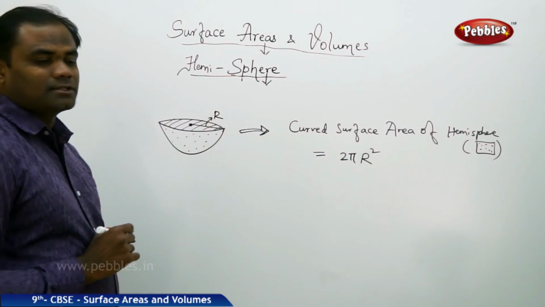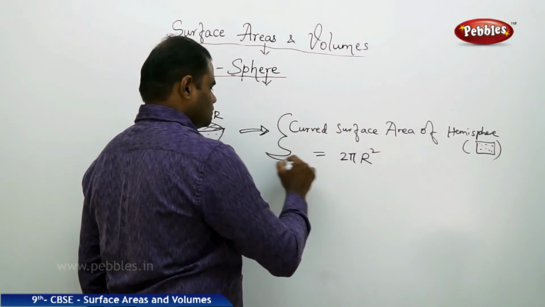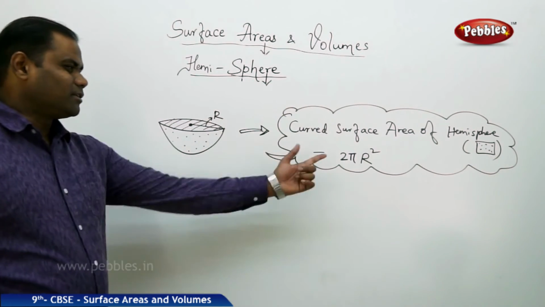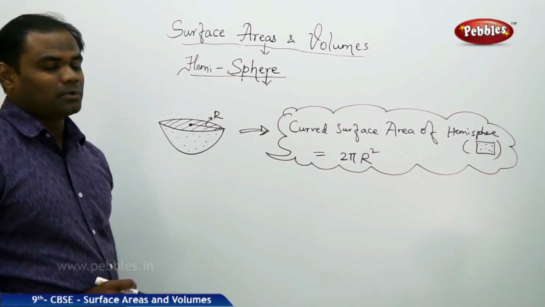The curved surface area of a hemisphere is 2 pi r squared.